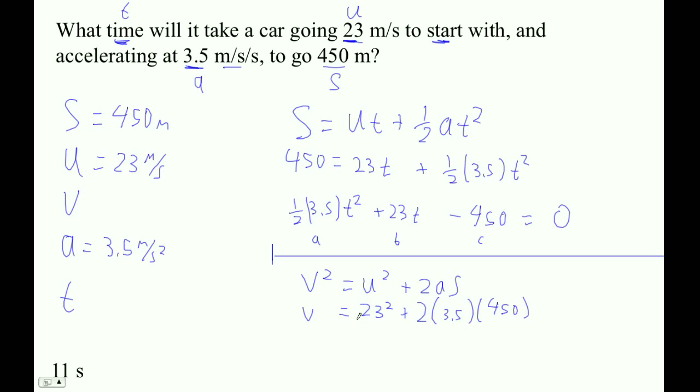And so V is going to be the square root of that. So I'm going to do that. Square root, left parenthesis, 23 squared plus 2 times 3.5 times 450. And I get the final velocity is 60.65, right?